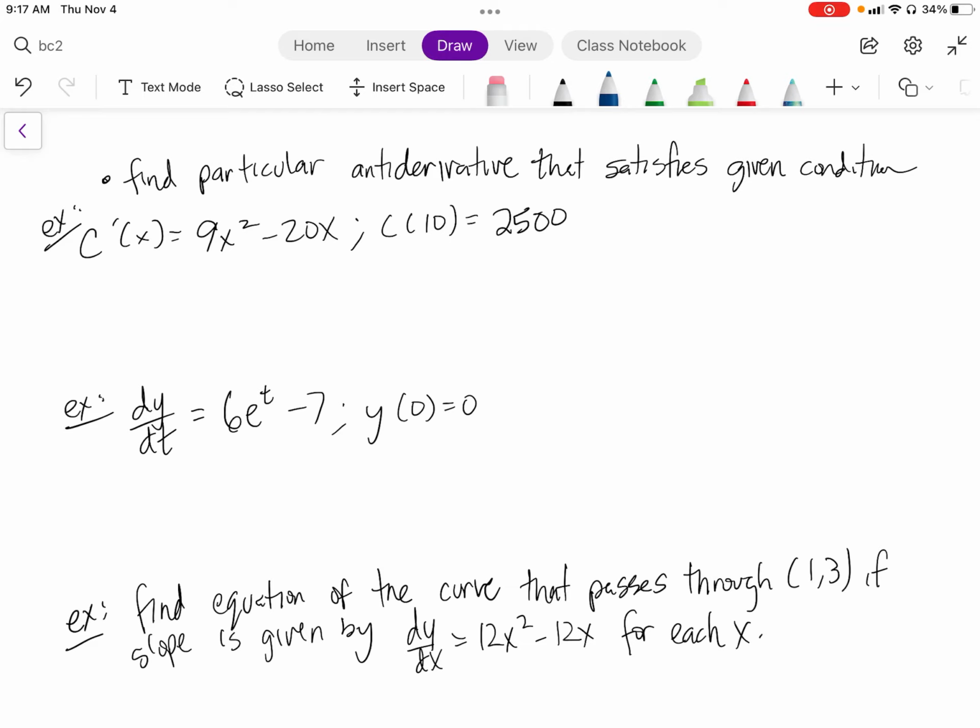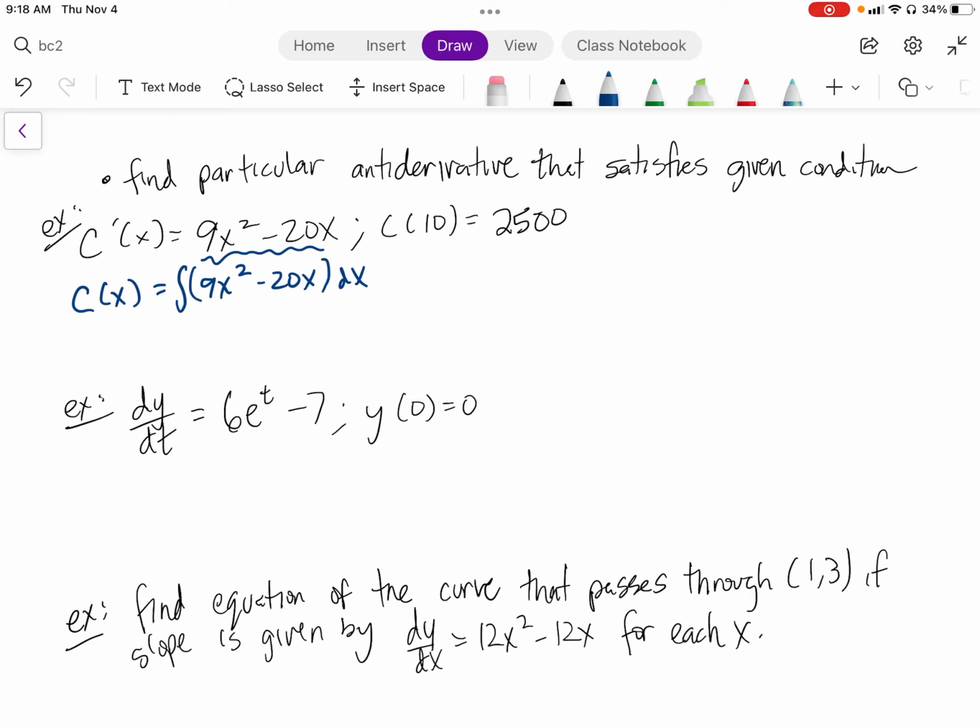And also, we could rewrite this. If C prime of x is this, that is equivalent to saying the original function is the integral of that with respect to x. It's good practice to put parentheses here.